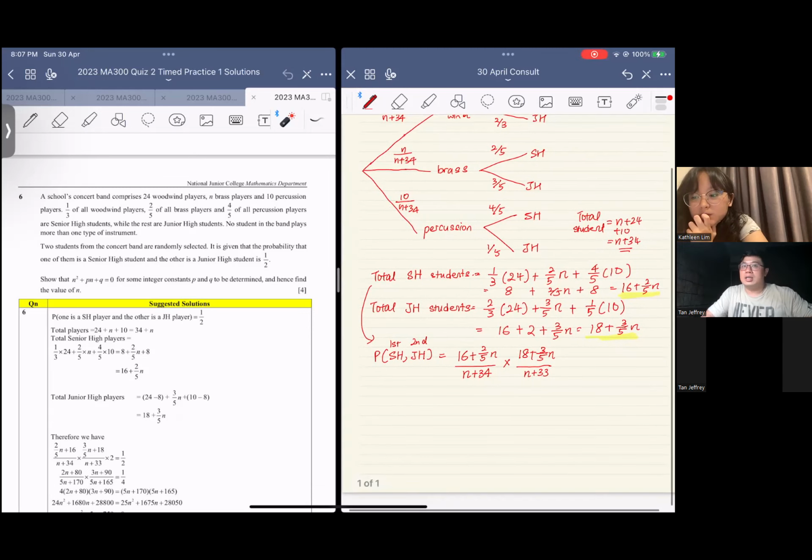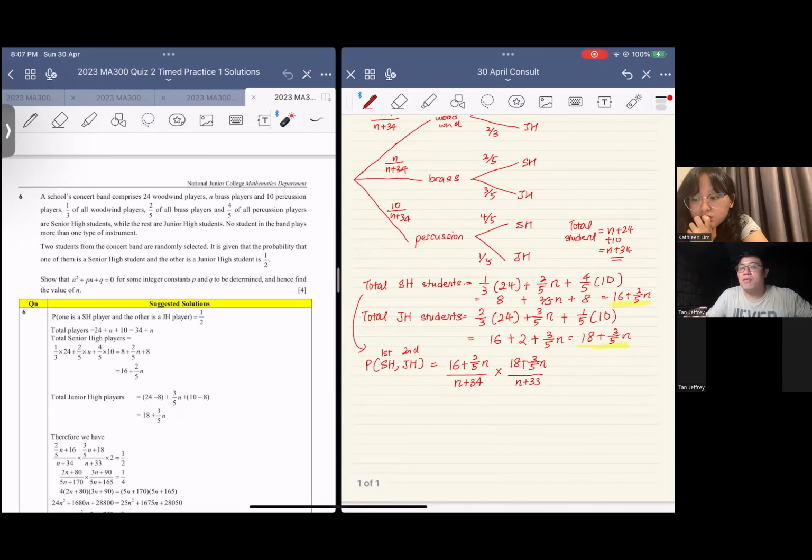So it's actually the same for JH followed by SH. If I look at the probability of first a JH followed by second student SH, it's actually the same. It will be the other way around. It will be 18 plus 3 over 5n over n plus 34 multiplied by 16 plus 2 over 5n over n plus 33.